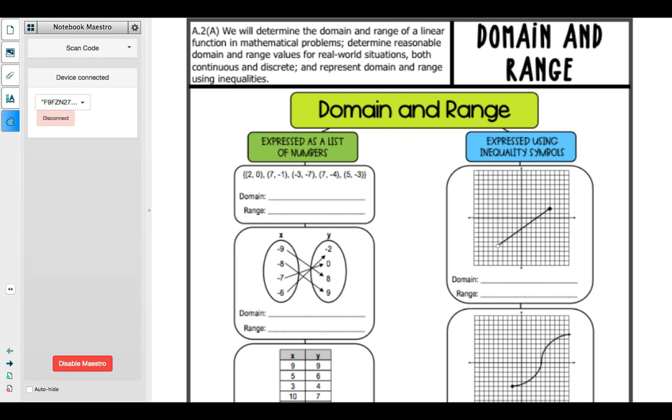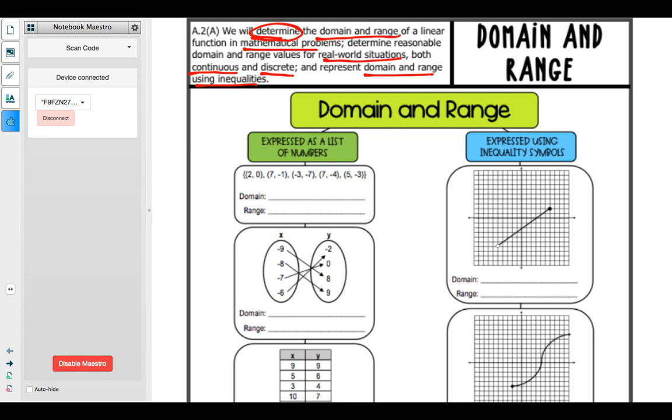So let's figure out what we're really wanting us to do. So we want to determine domain and range in math problems, real world problems. We're also going to talk about continuous and discrete. And then we're also going to represent domain and range using inequalities.